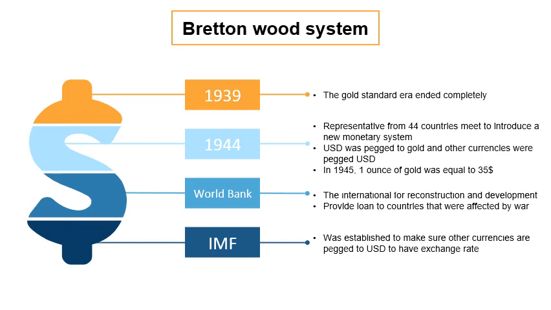It helps provide loans to countries that were affected by war, at a very low interest rate. At the same time, the IMF was also formed, which was established to make sure other countries are pegged to USD in order to bring stability and economic development all over the world.